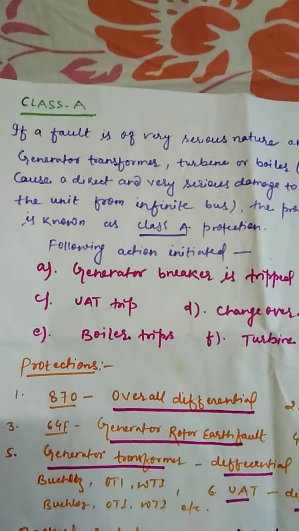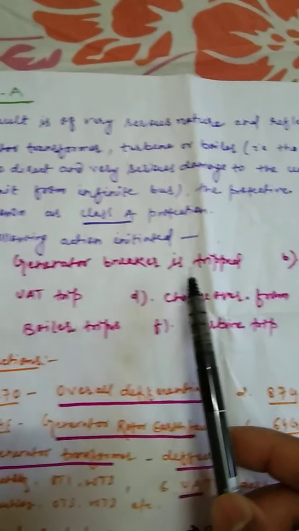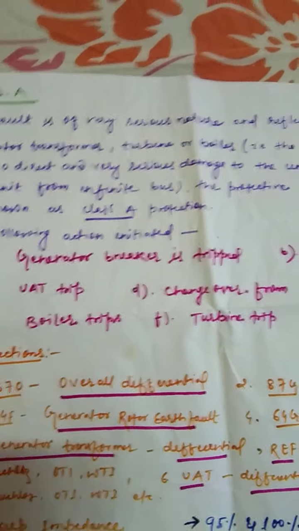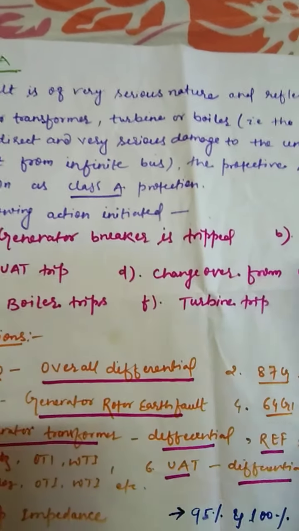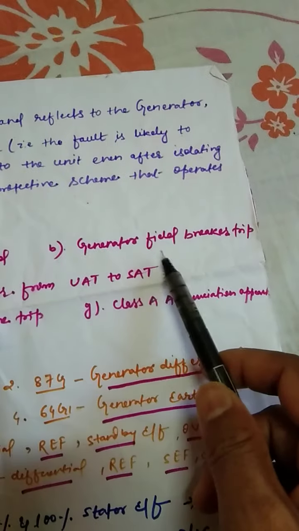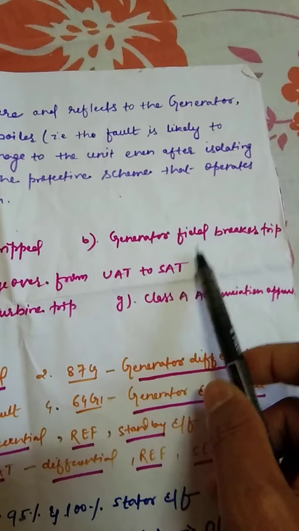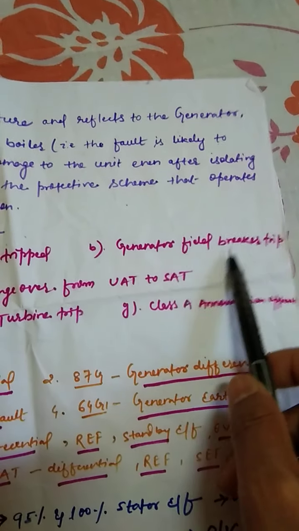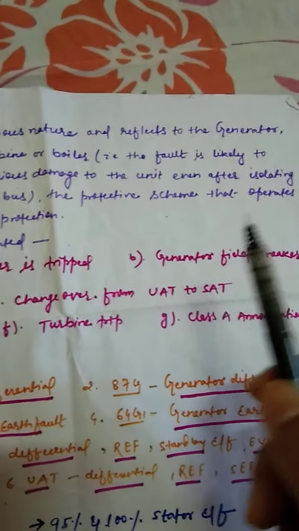Now what happens if a Class A protection initiates? The generator breaker is tripped. If a Class A protection acts, the generator breaker will trip. That means we have isolated the generator from the infinite bus. The generator field breaker should also trip, because if it does not trip, since the generator is still moving with the help of the prime mover, the generator will circulate its own fault current and it is very critical.